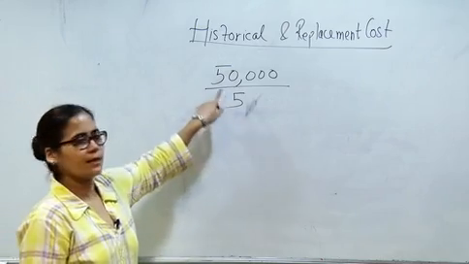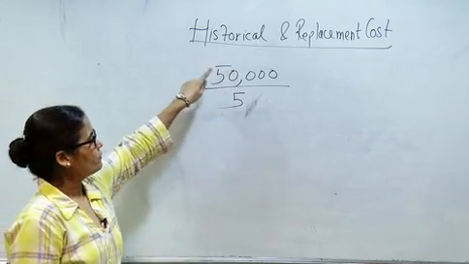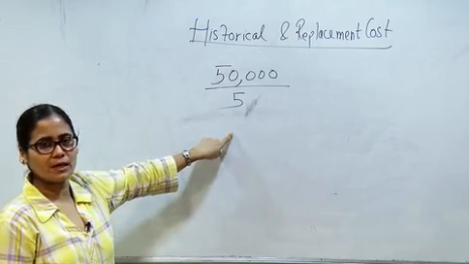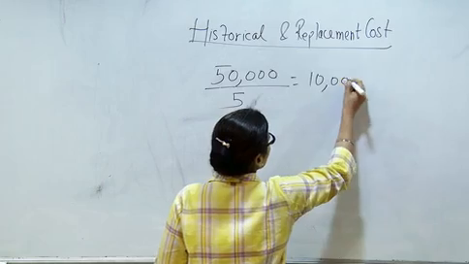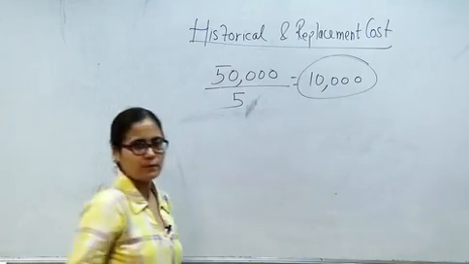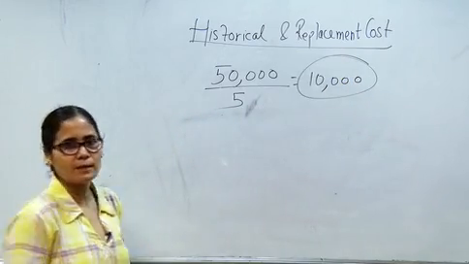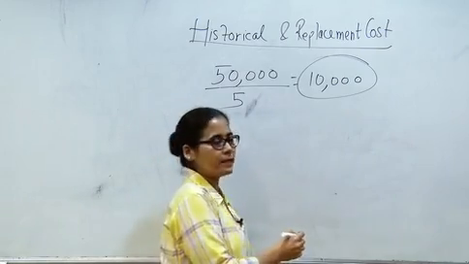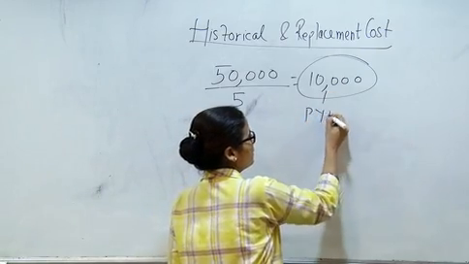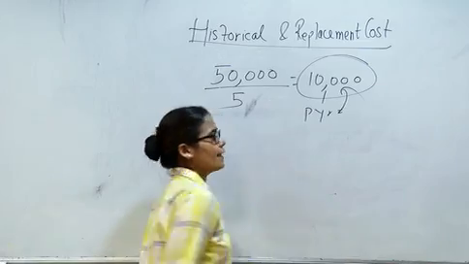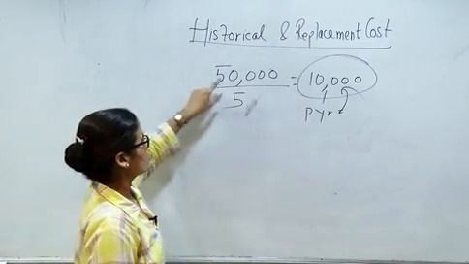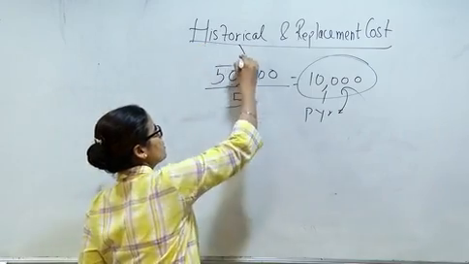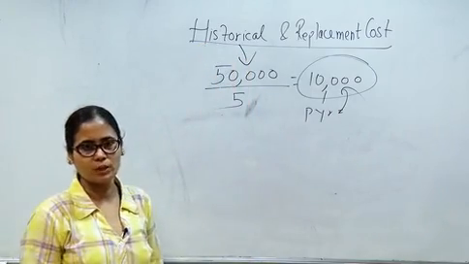So using a straight line depreciation method, we will be dividing 50,000 with the lifespan of the machine. So that gives us an answer of 10,000. Now what is this 10,000? It shows that 10,000 per year the machine will depreciate by 10,000. So this is considered as a depreciation cost. So this was the historical cost or the purchase price of the machine.